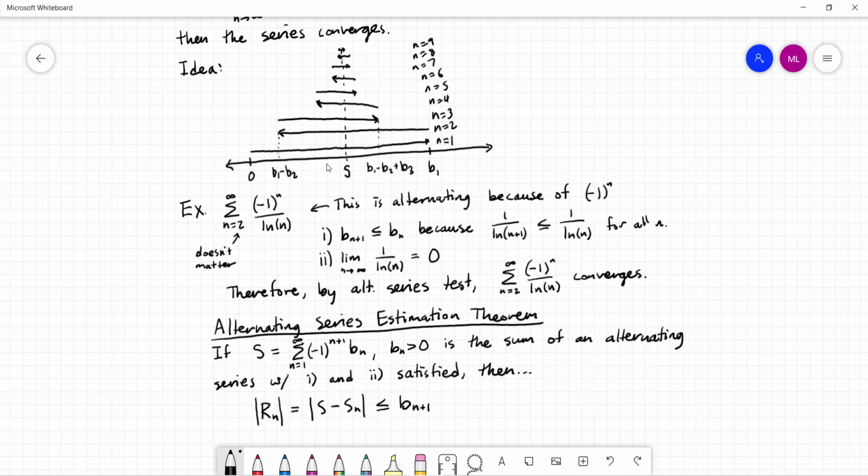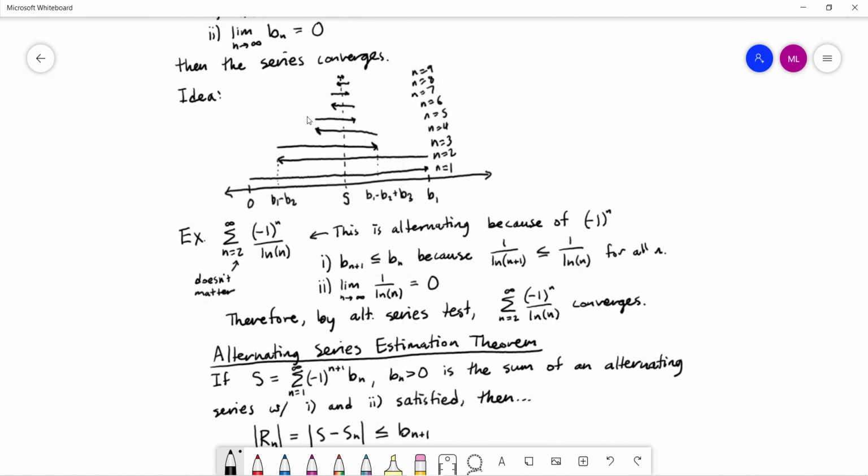And again, if you come back to this picture, it tells you, if this is where my sum s is, and let's say I've only added up the first two values, so I've gone up to n equals 2. Here was my first term that I added, here was the second term that I added, and here's where I am.